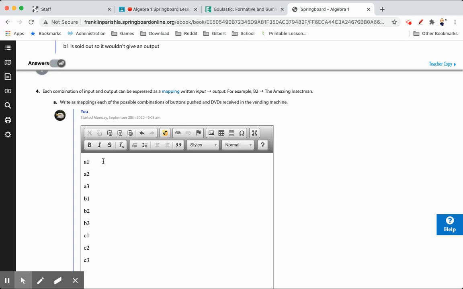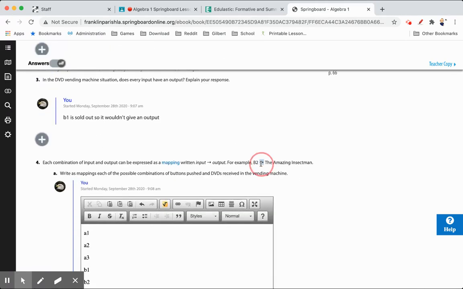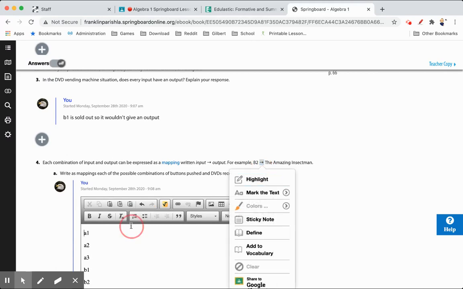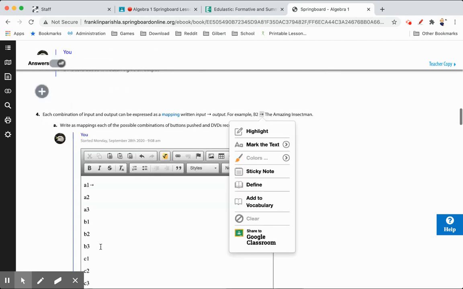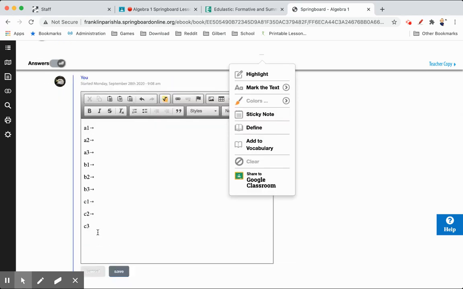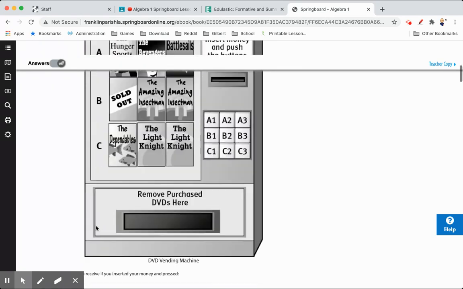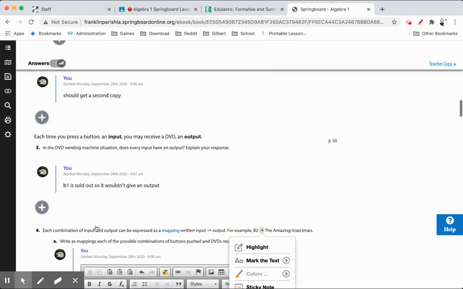So if we pressed B1, I'm just going to copy and paste this little arrow to make it easier on each one. Hunger Sports, Revengers, Battle Sales. Okay, that's for the A's.